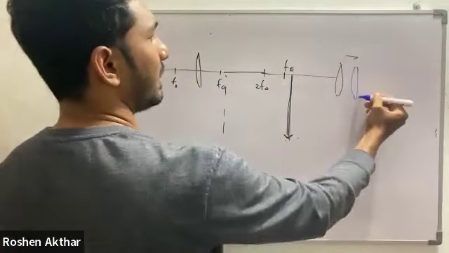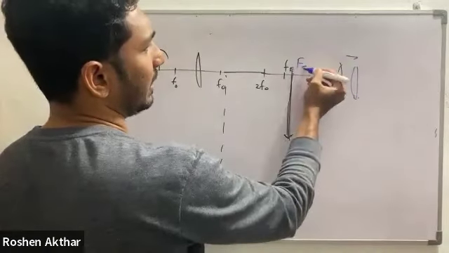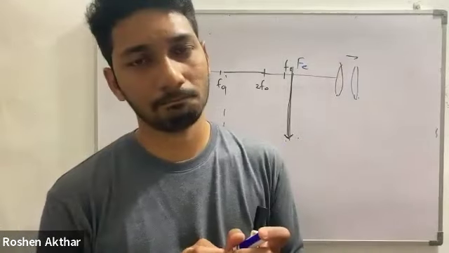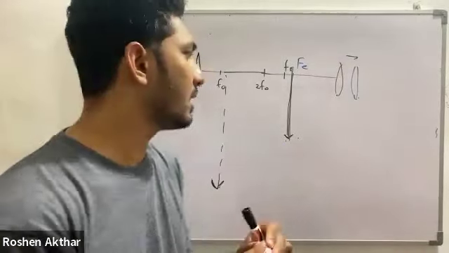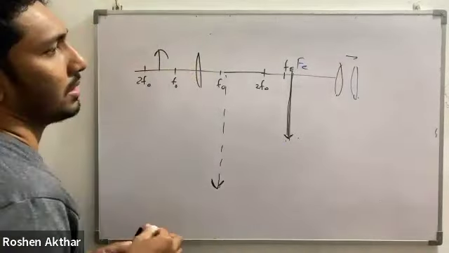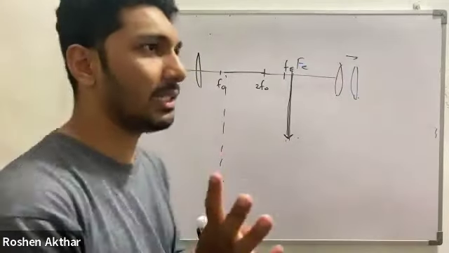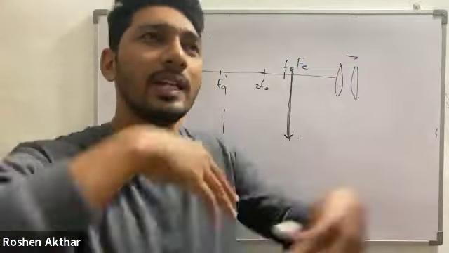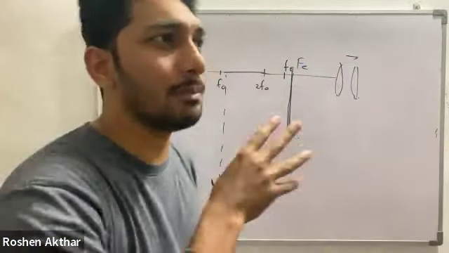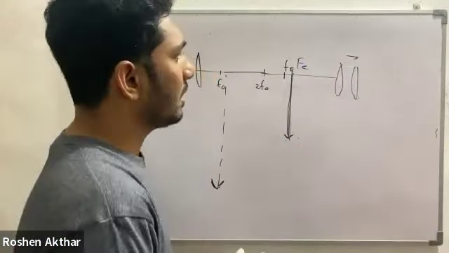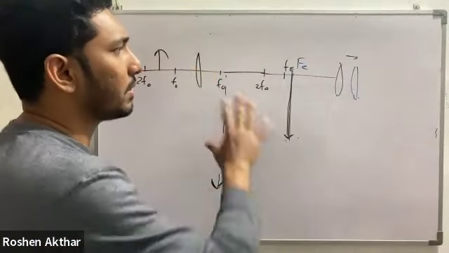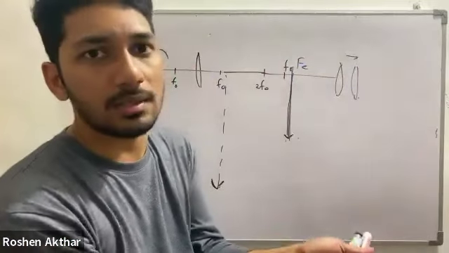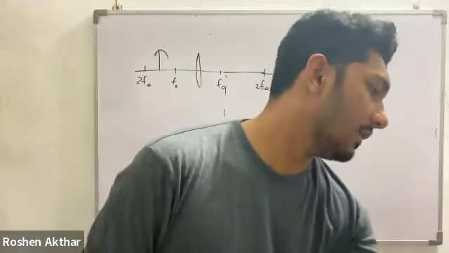You keep it here and the FE will come here. Now it will produce an image at infinity. It will be magnified. We can't say whether it's virtual or real; for infinity, we don't say that. It's like in between virtual and real. Those are the properties. So you can see the distance between the lenses should be increased to create an image at infinity. So that statement is wrong.